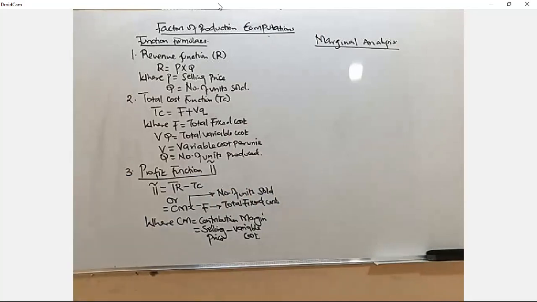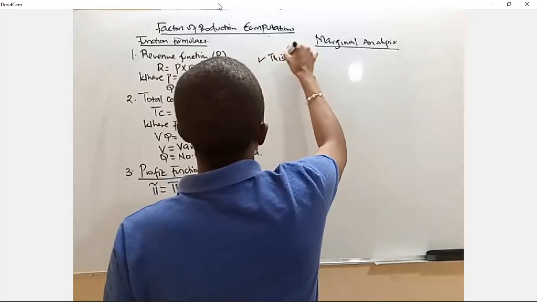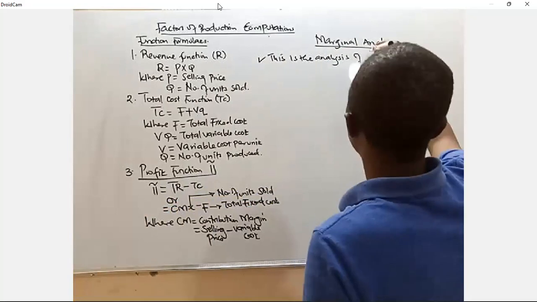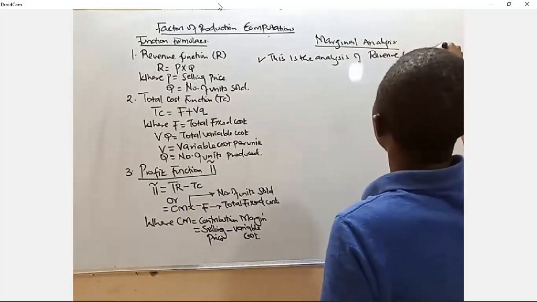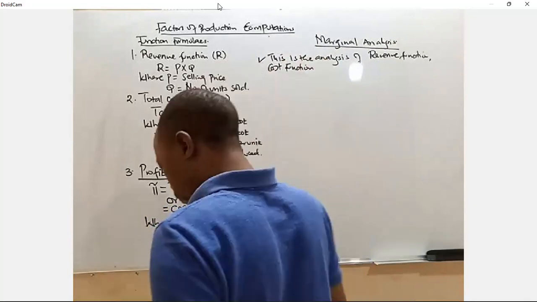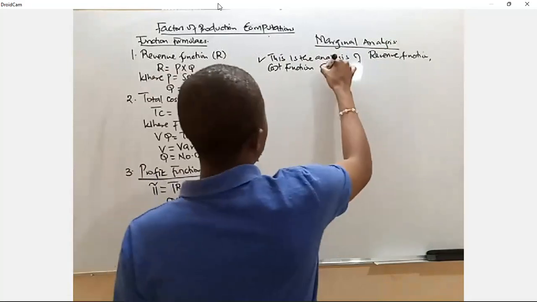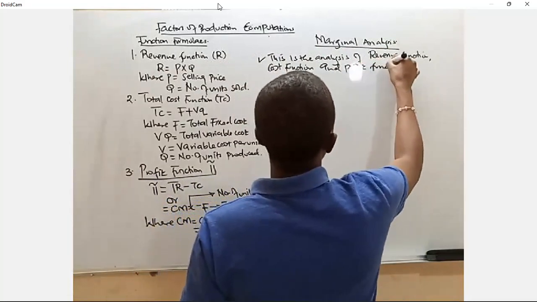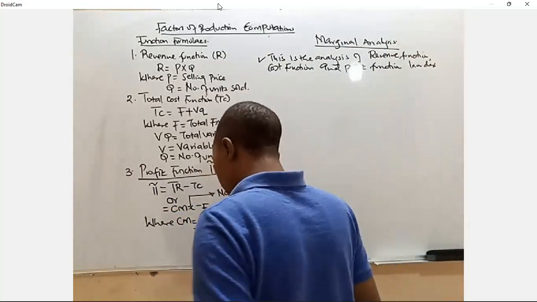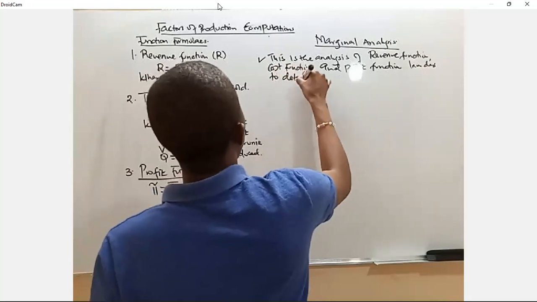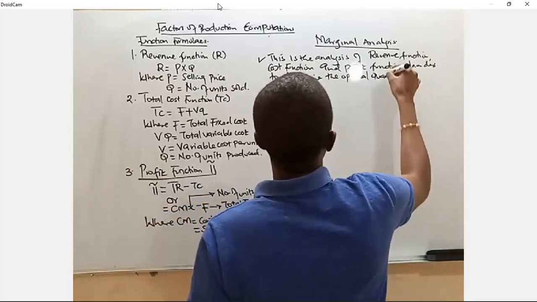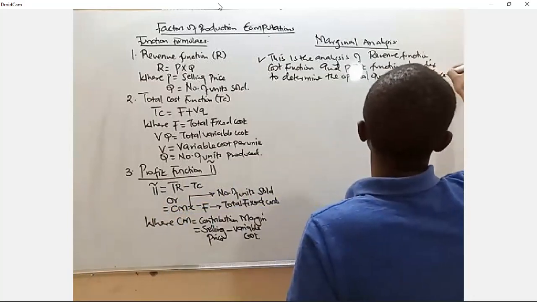And I remember last time I said, this is an analysis of the revenue function, cost function, and profit function, in order to determine the optimal quantity to produce and sell.